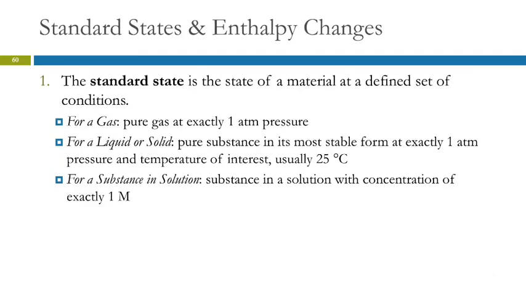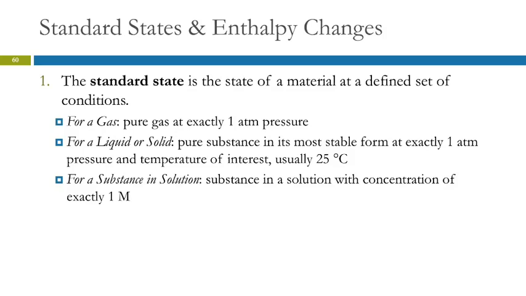So what does that mean? Standard state is the state of a material at a defined set of conditions. So these are the conditions. If we're talking about a gas, we're talking about the pure gas at 1 atmosphere of pressure.